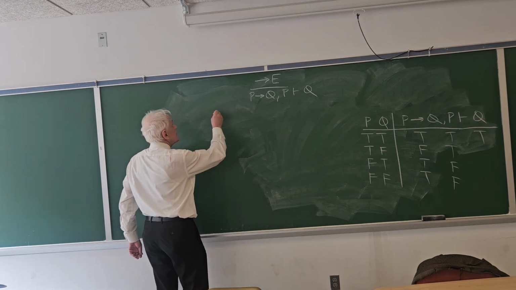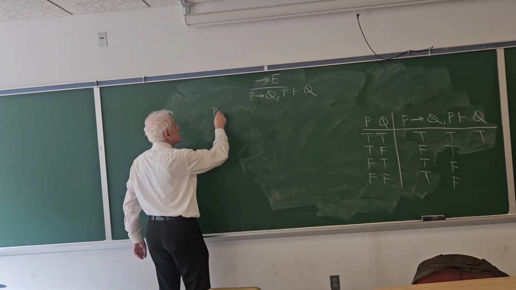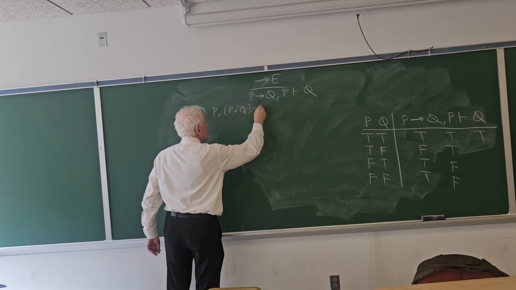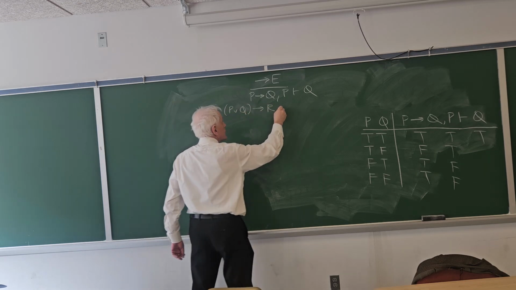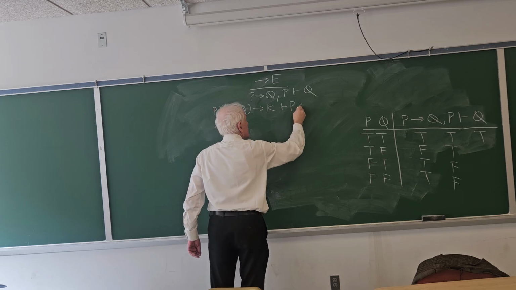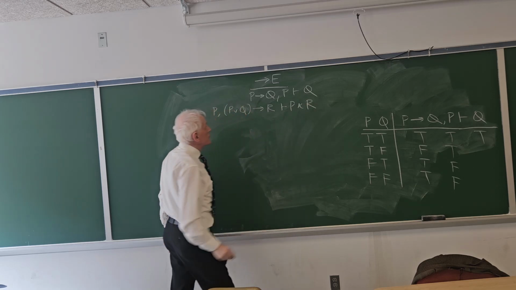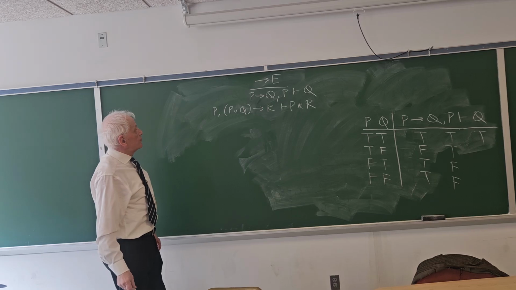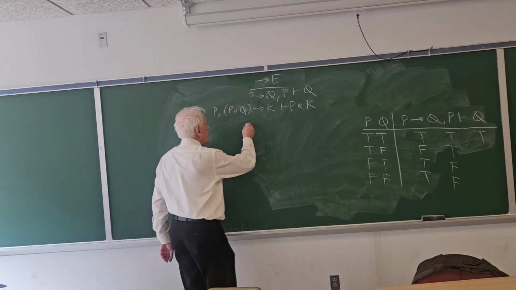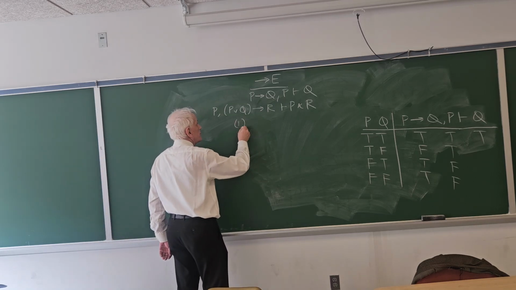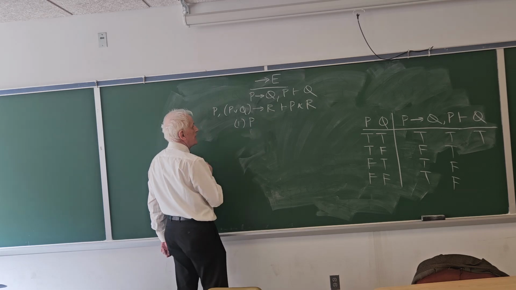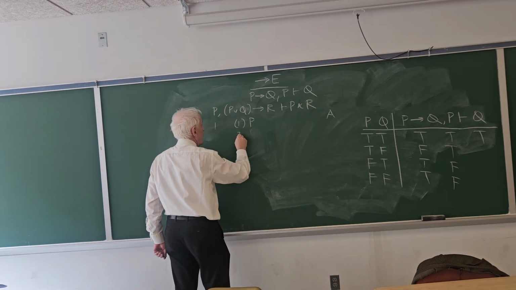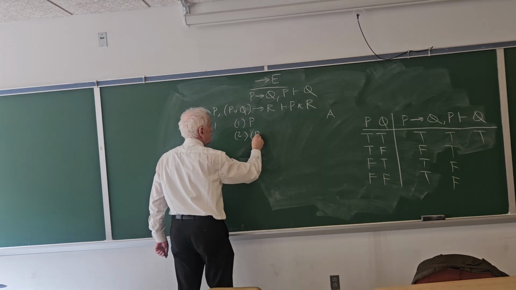So we might have a sequent. How could we prove it? Well, our first assumption is the atomic sentence P. And our next assumption is a conditional.